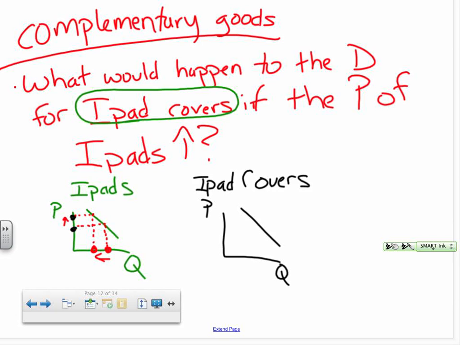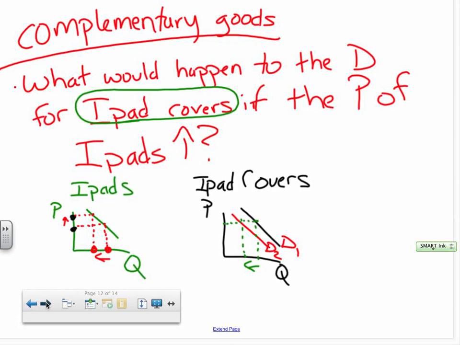So therefore, even though the price of those iPad covers did not change, the demand for them has decreased, and fewer people will go out and buy the iPad covers, even though the price did not change. So complementary goods can affect each other in this way, and we see that it is indeed a decrease in demand because the quantity has gone down.